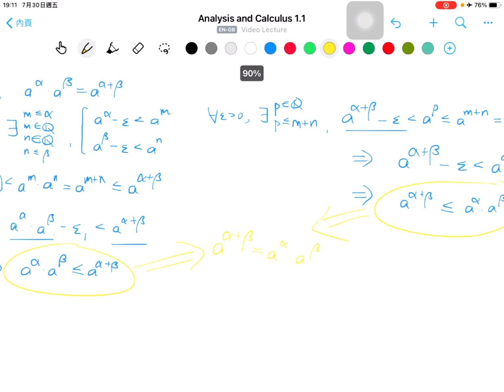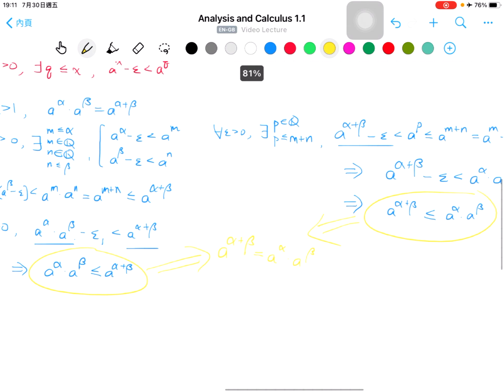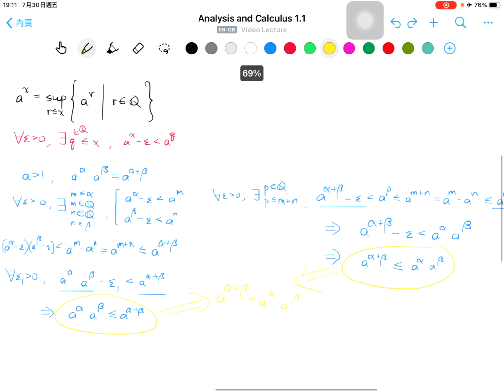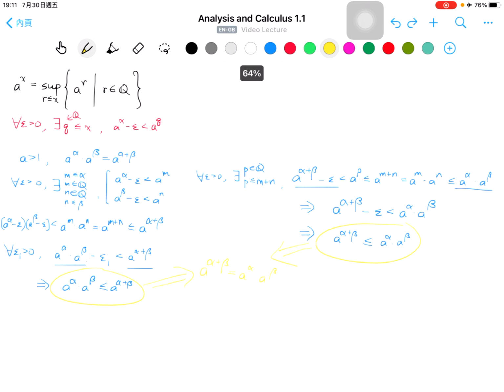If one of them were smaller, then we should have the other sign reversed. They should not have the same sign in between. But they do have the same sign, so the only possible case is that they are equal. And there we've proven one case of the laws. If you can spot that tricky little substitution, you can prove the other cases, and the rest of the laws are very similar.